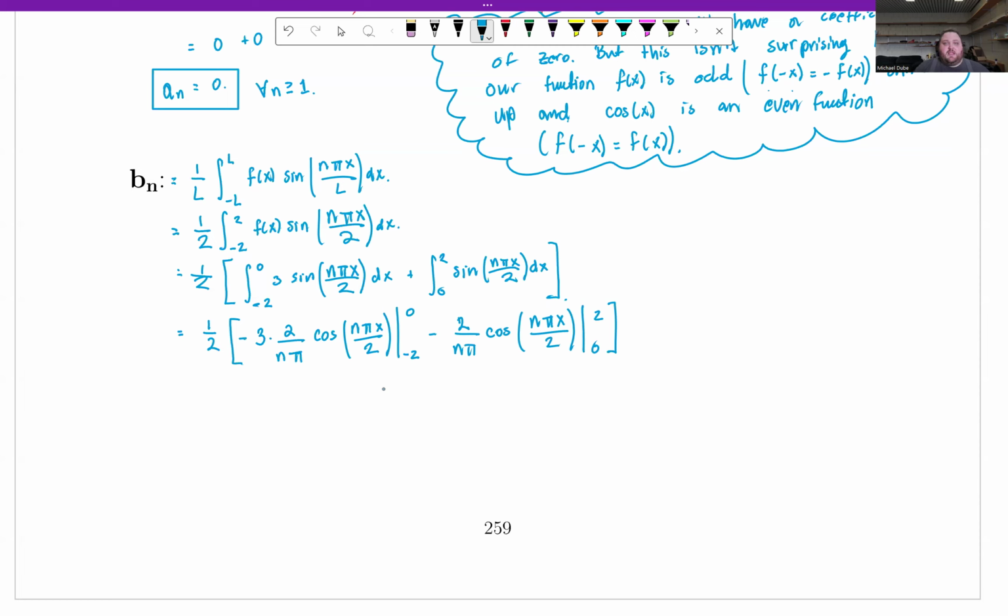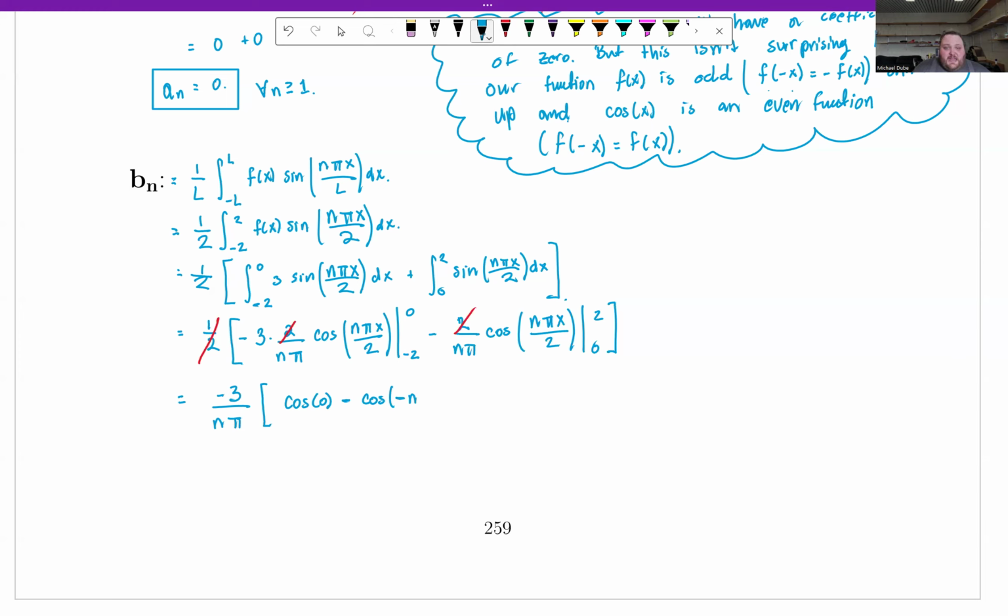As before, I'm going to carry this half through and eliminate these. Okay, and so then I would have negative 3 over n pi times, let's evaluate this. So we're going to have cos of n pi x over 2. We're plugging in top first, so we have cos of 0 minus cos of, we plug in a negative 2 here. I am going to skip one step.